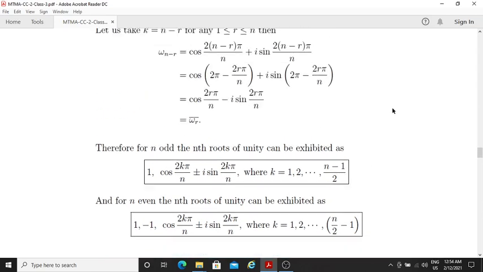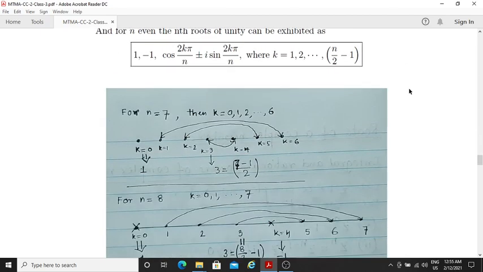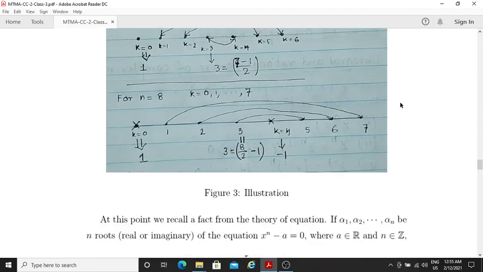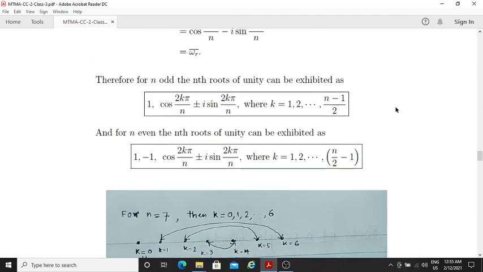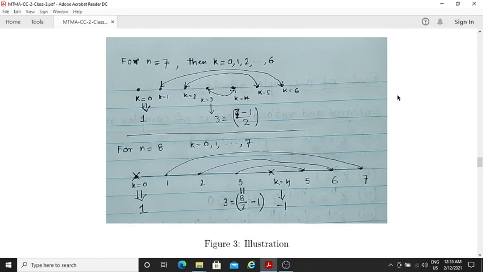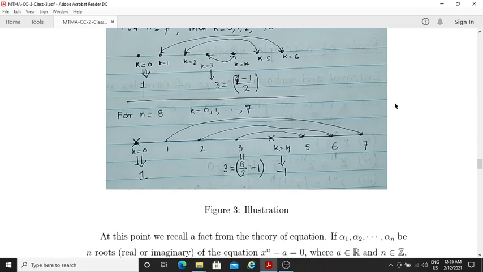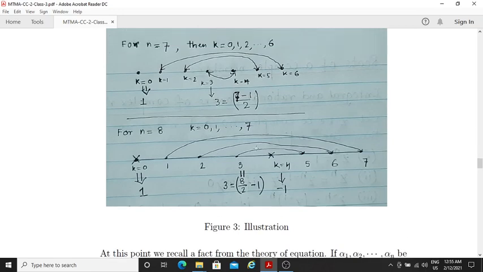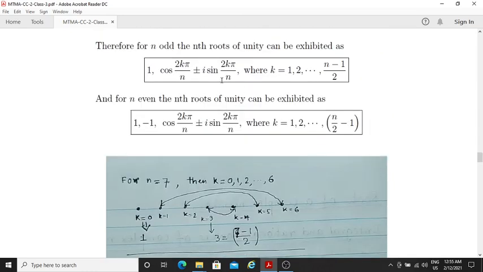I would suggest you look at this matter yourself and think over it. It's very difficult to make you understand in this way. Rather, look at small examples and see how this pairing works and how it is written.